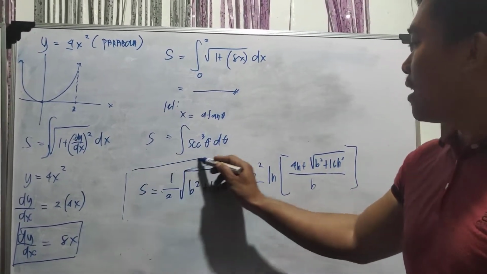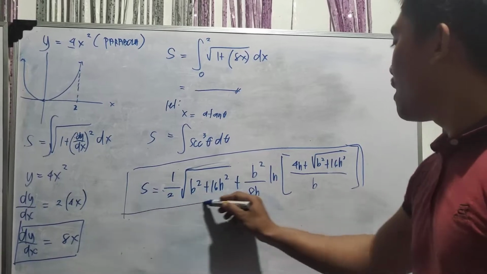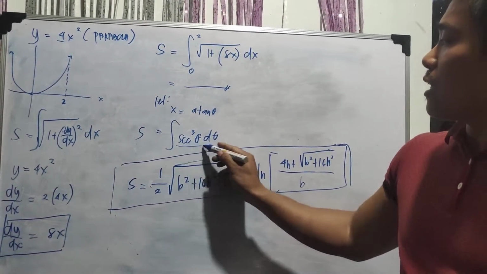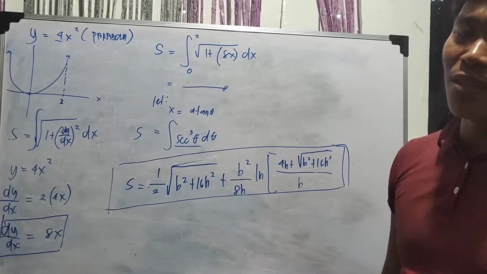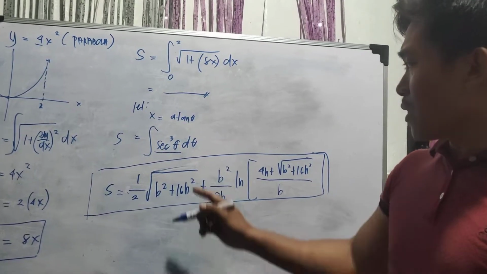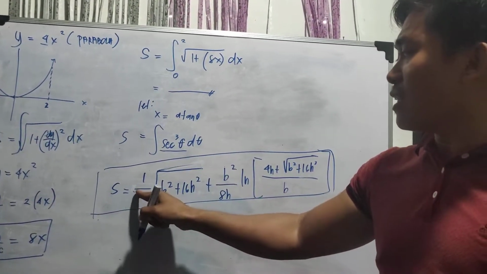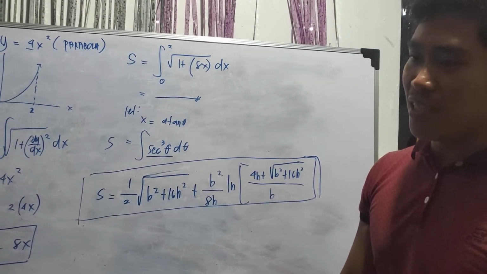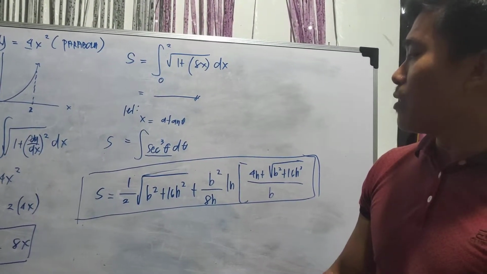Ang haba. Okay? Actually, I already derived it from this integral. Kasi masakit yung secant cube, the integral of secant cube is so difficult to integrate. Pero nilaro ko na yan, ito yung magiging result. Actually, you can also find this formula sa book ni Earnhardt, Solid Mensuration.